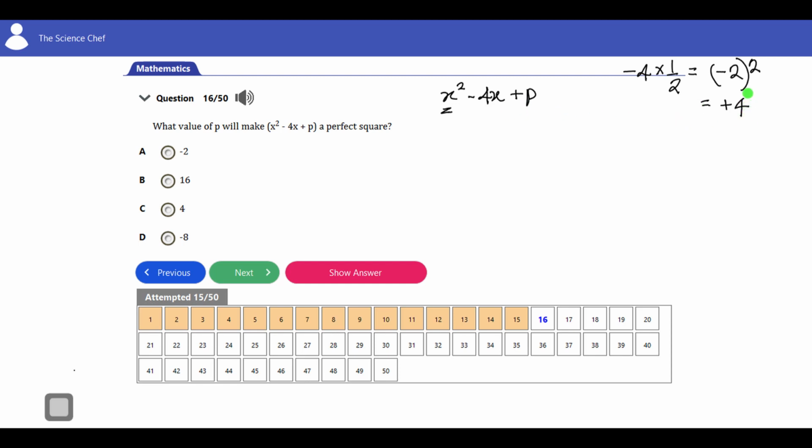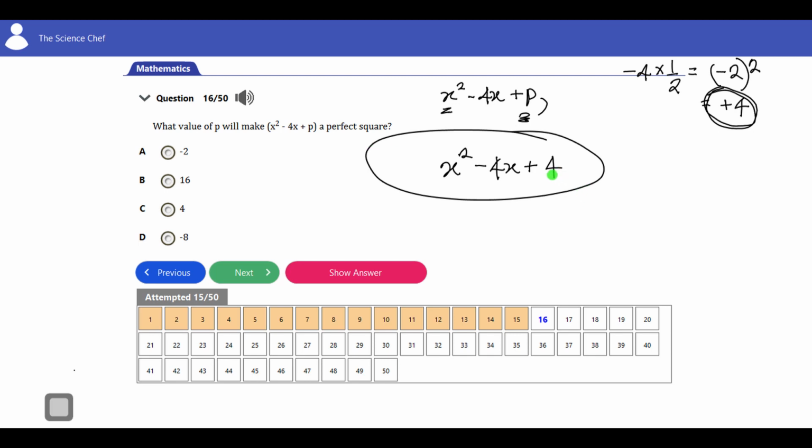So whatever we get here will be the value of P that we will need to make this expression a perfect square. So if you have x squared minus 4x plus 4, that will be x squared minus 4x plus 4.